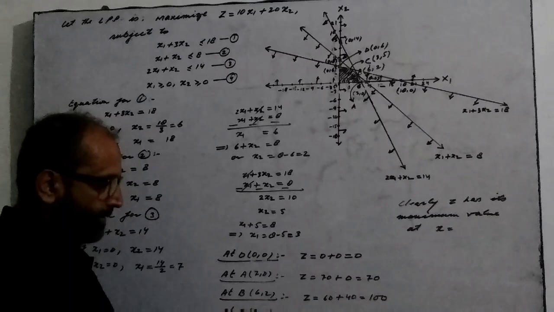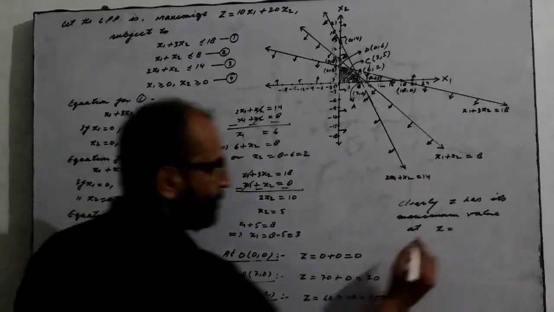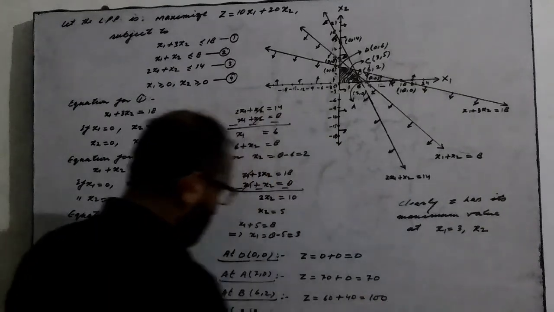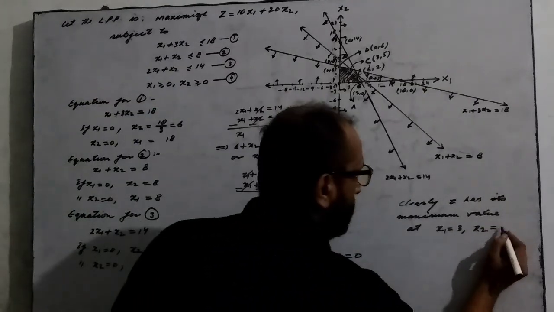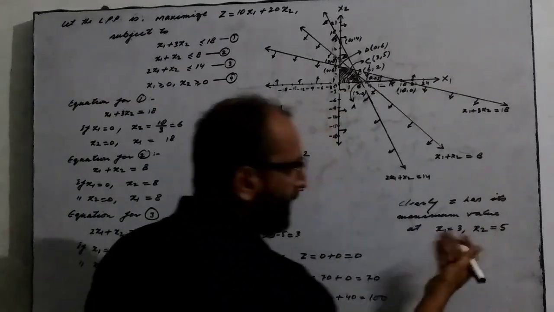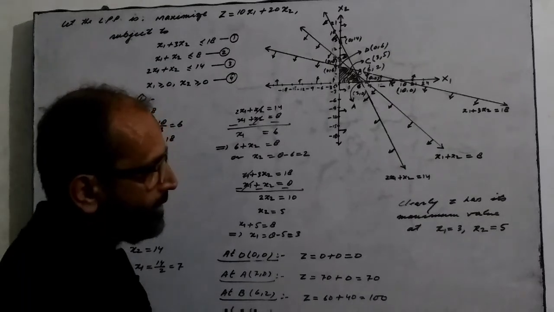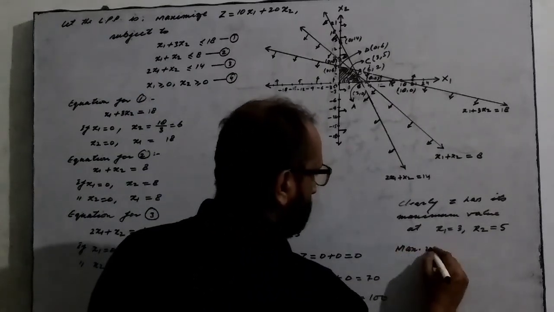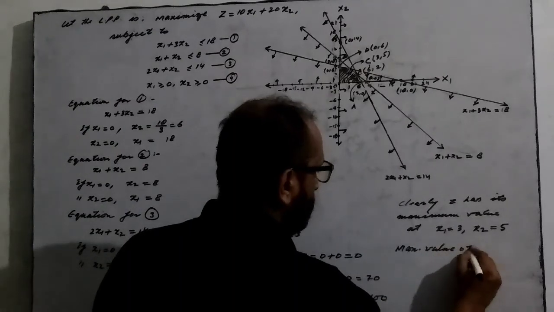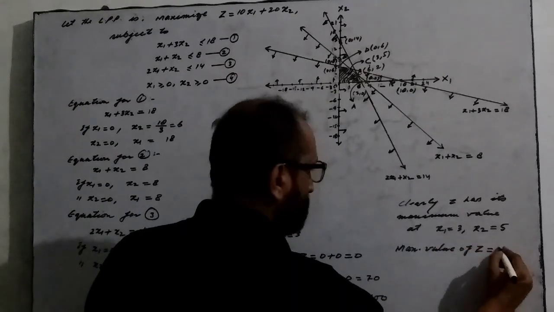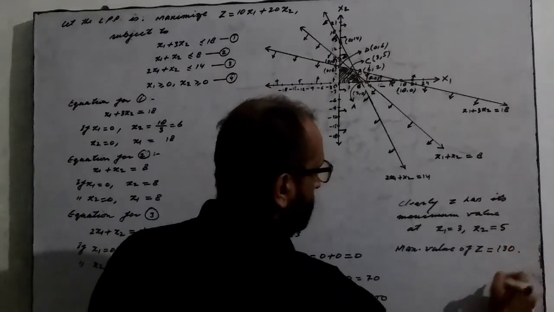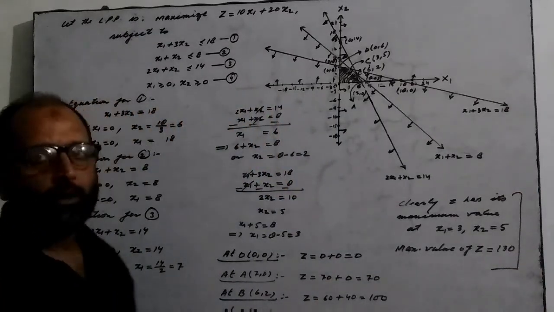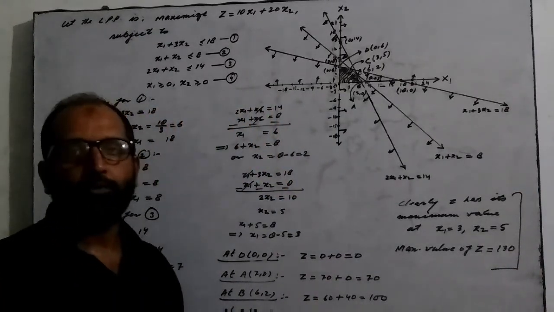So here x1 is equal to 3 and x2 is equal to 5. So z has its maximum value when x1 is equal to 3 and x2 is equal to 5, and the maximum value of z is equal to 130. So this is the required solution of the given LPP by the graphical method.